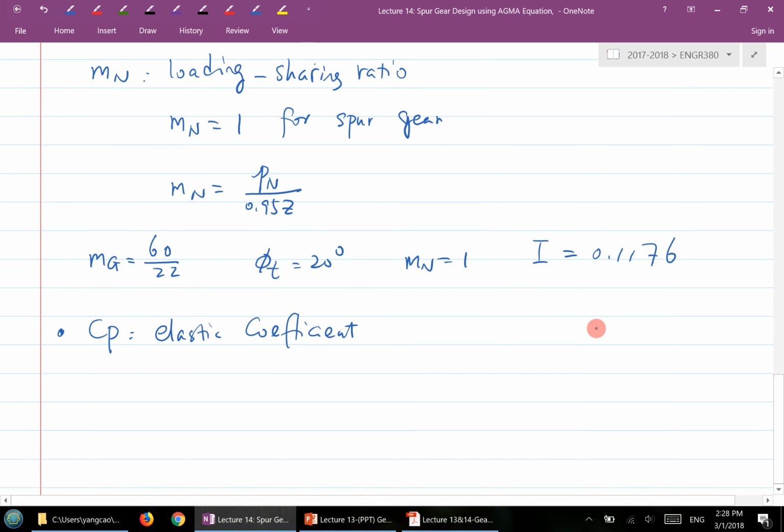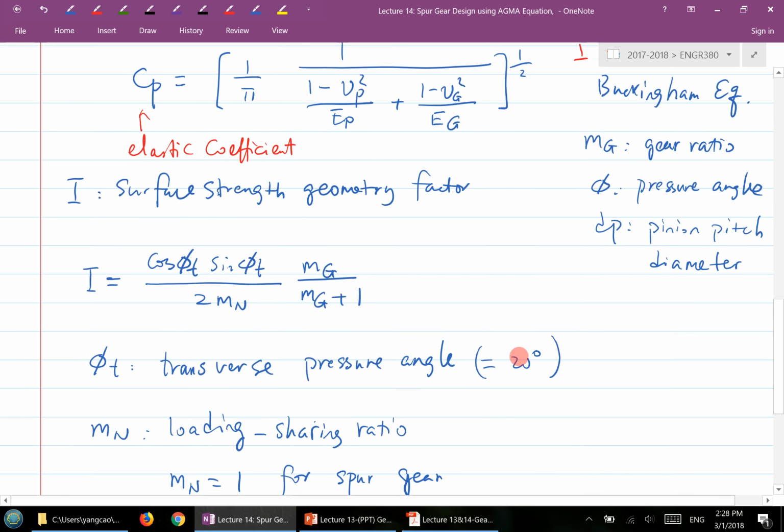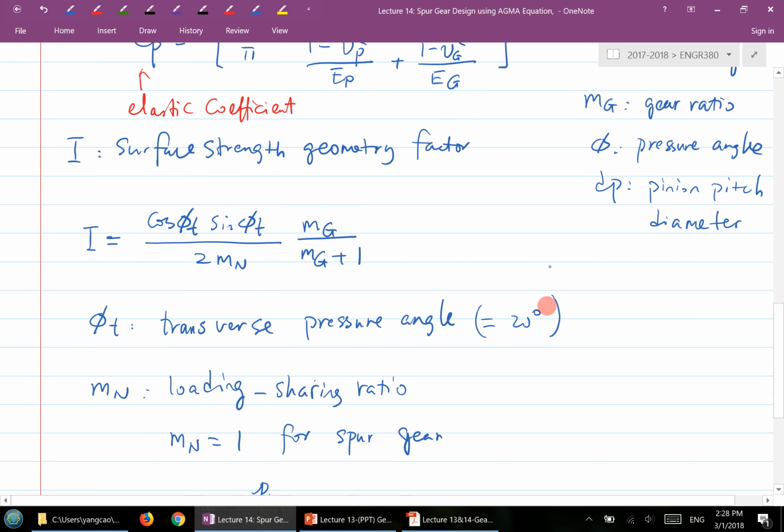For this calculation, there are two ways to calculate. The first method is using the equation, this equation here.